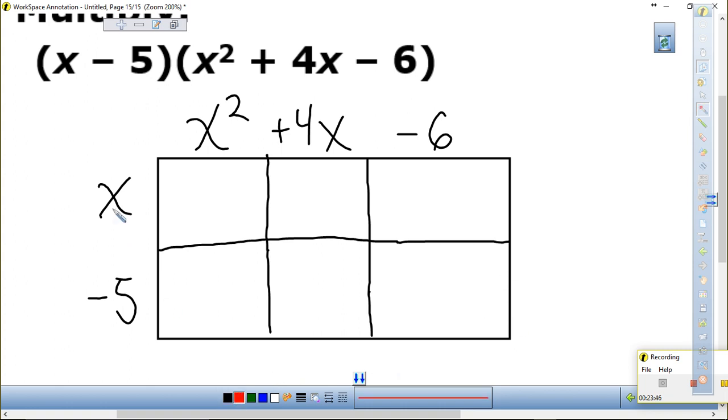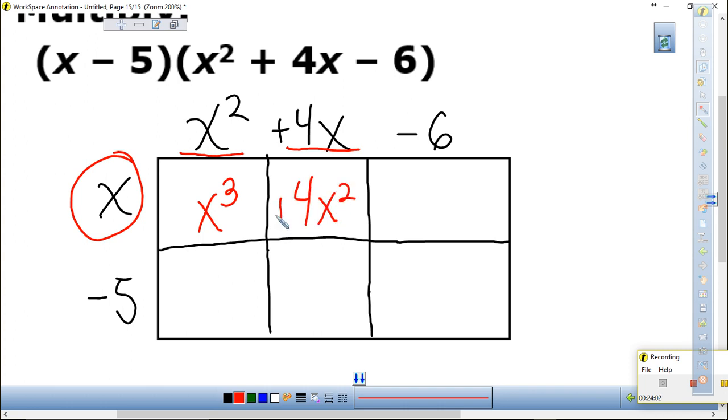So once again, to keep organized, let's start with red. Circle x. So what is x times x squared? X cubed. That's correct, Diego. What is x times 4x? 4x squared, and it's a positive, yes? What is x times negative 6? Negative 6x. All right.